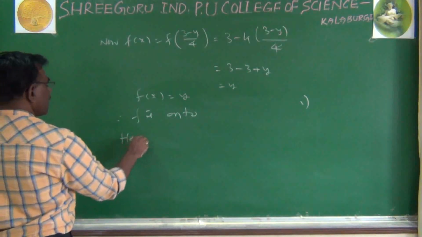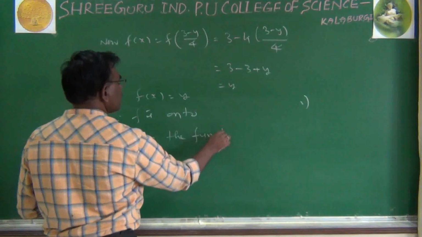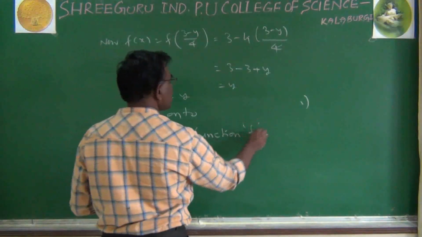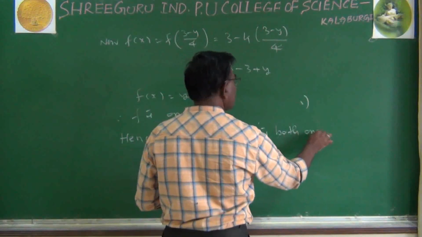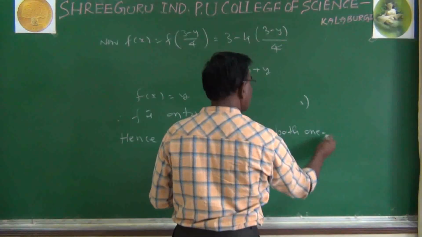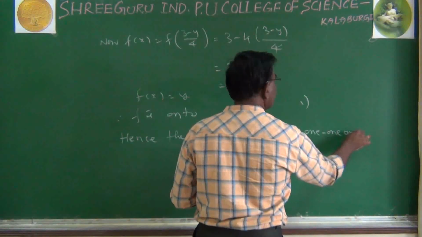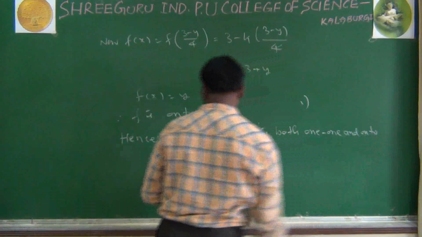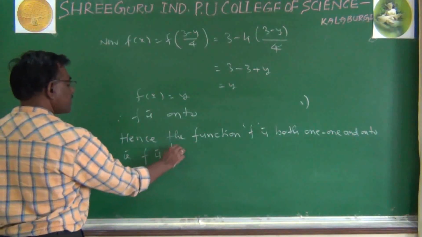Hence the function f is both one-one and onto. That is, f is bijective.